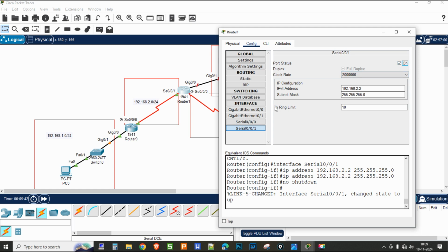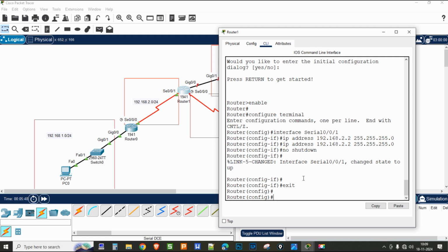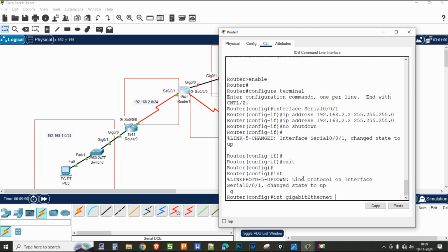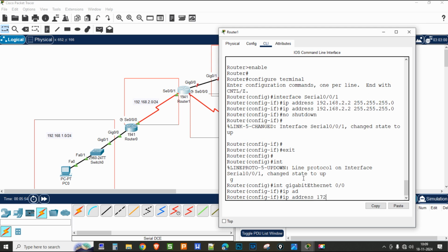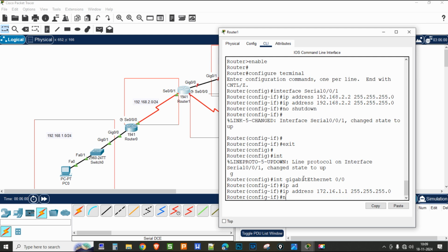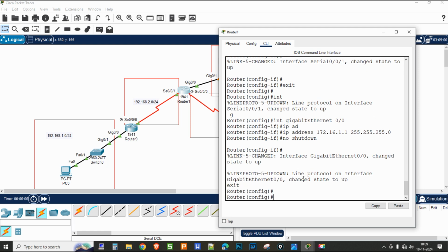You can see the port interfaces, or I need to configure in CLI mode. 172.16.1.1 followed by subnet mask. No shutdown command to turn on the interface.